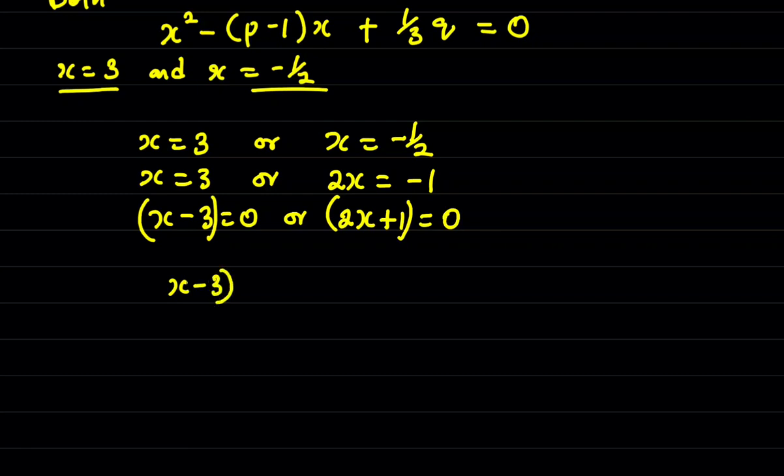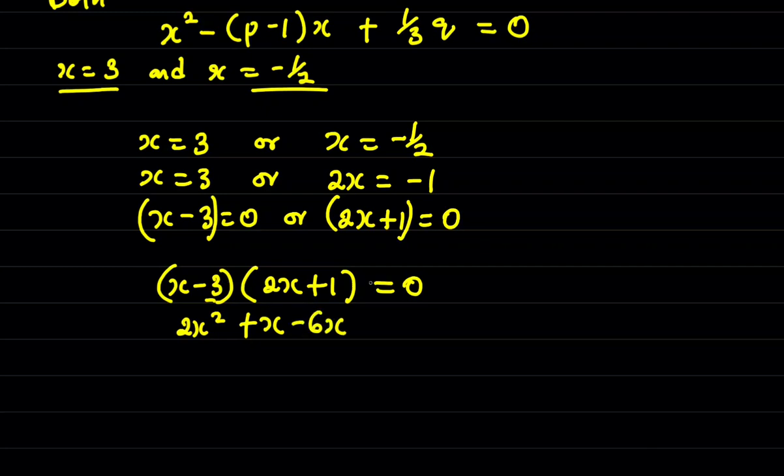So (x minus 3)(2x plus 1) equals 0. So this is 2x squared, I'm expanding now, plus x, then minus 3 times 2x is minus 6x, then minus 3 times 1 is minus 3, equals 0.